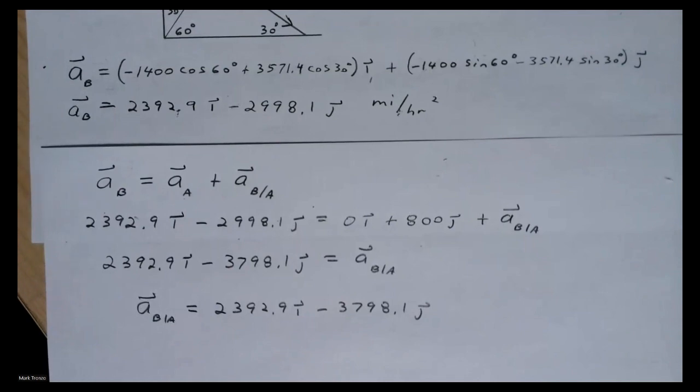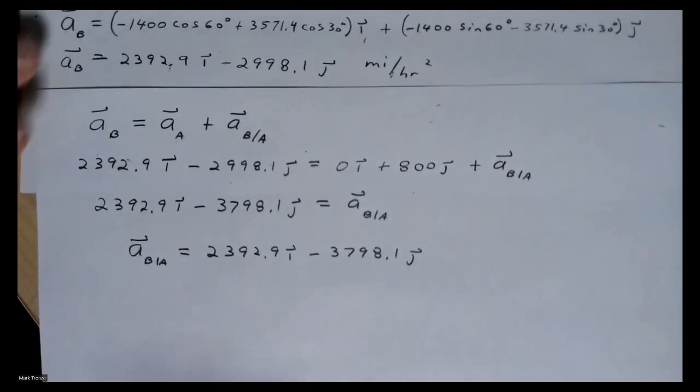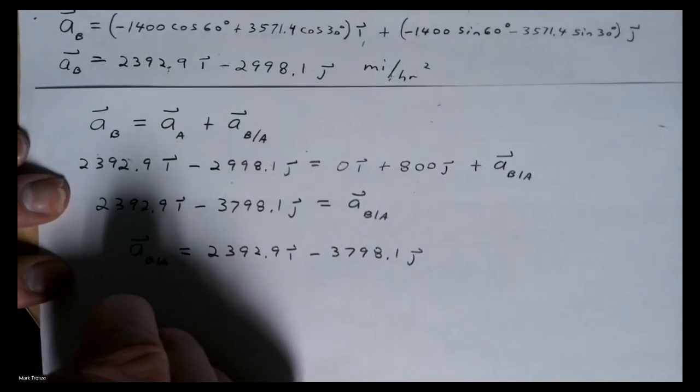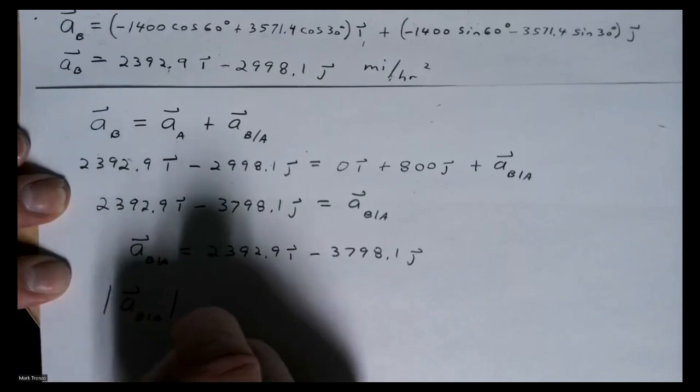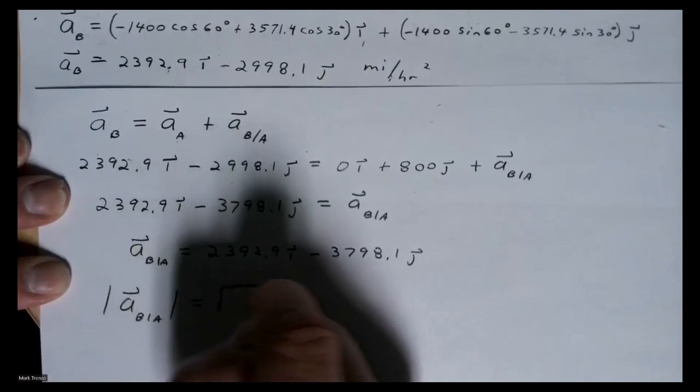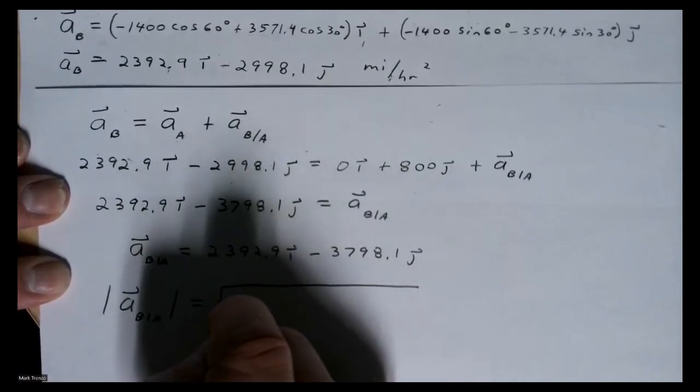And if we want the magnitude of this, we can just take the magnitude of that, and that's going to be the square root of the sum of the squares.